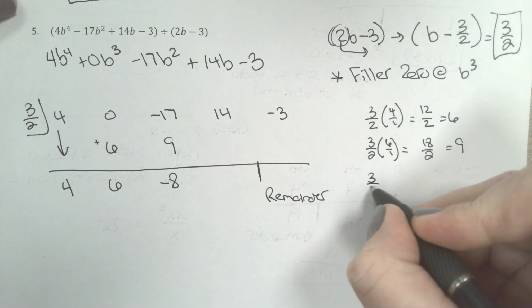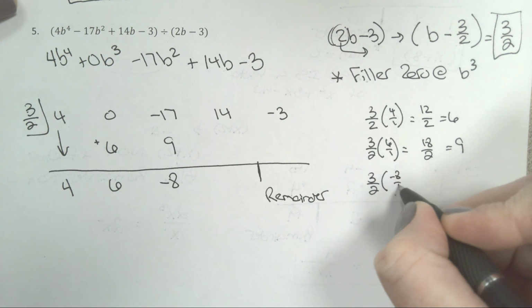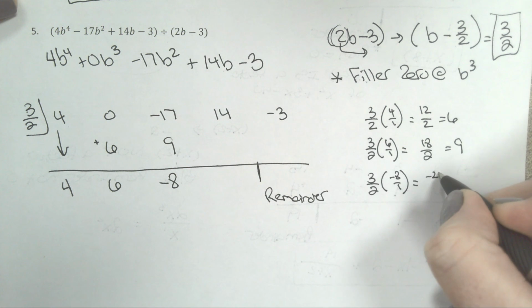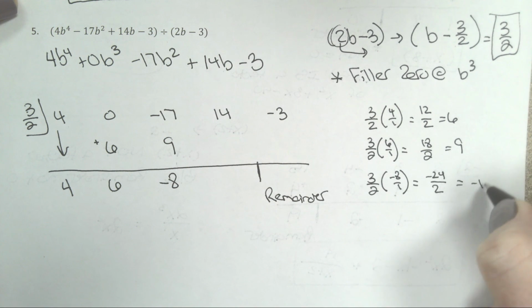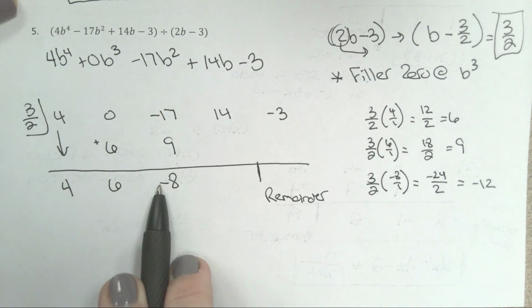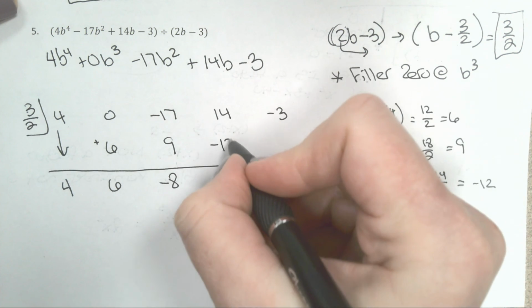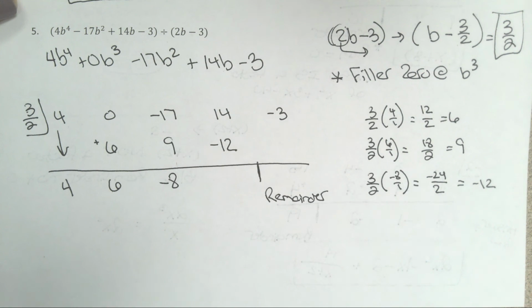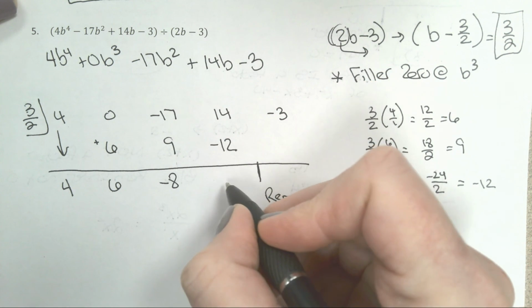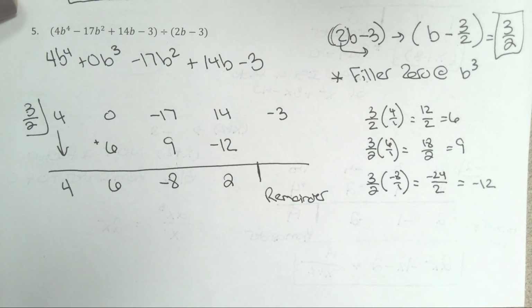Multiply. 3 halves times negative 8 over 1. It's negative 24 halves, which equals negative 12. 3 halves times negative 8 equals negative 12. It goes right there. Add down. 14 plus negative 12 equals 2.